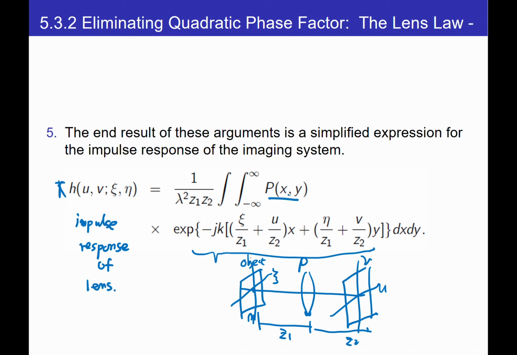If you look at it, the lens characteristic is included in the P. And this factor is actually going to be a kind of Fraunhofer diffraction. Or if you look at it, it's just a Fourier transform, and that means we are considering the Fraunhofer diffraction of the lens.